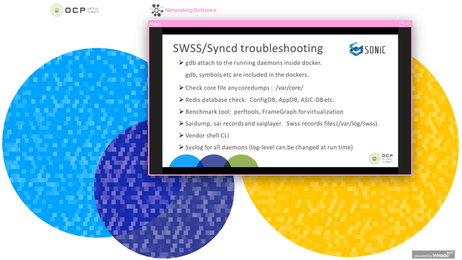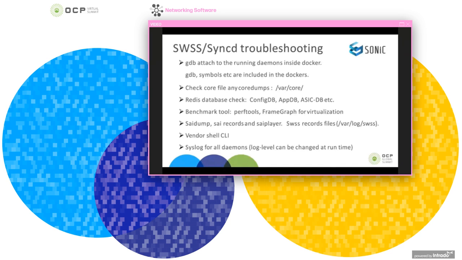And one important thing here is the SAI. They have a lot of tools and records on the system. The SAI dump will give you an instant view of the ASIC DB, right? And we keep the SAI records by default on the disk. So any transaction between the SWSS and the ASIC DB is recorded, and these can be replayed later using the SAI player.